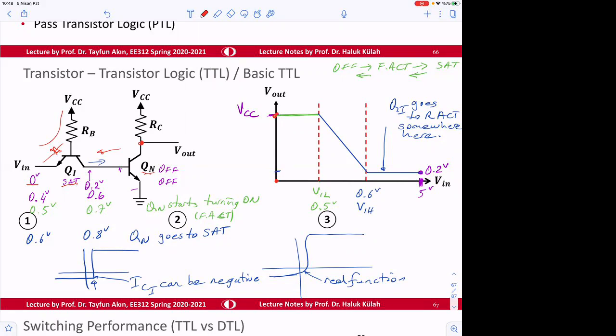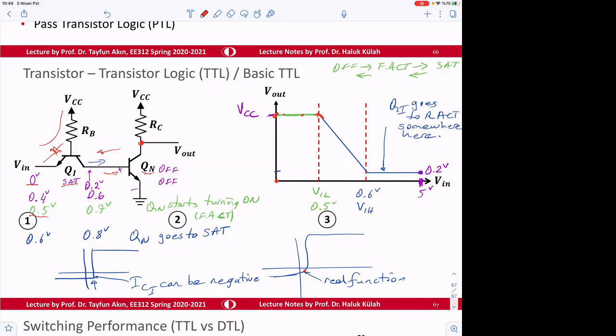We noticed that the turning point from that condition: if this is 0.4 volt, this is the case, but if this is 0.5 volt, then an interesting state occurs. If that is 0.5 volts, QI still remains in SAT, but the current can be going in this direction, and then QN starts turning on. That's the point.